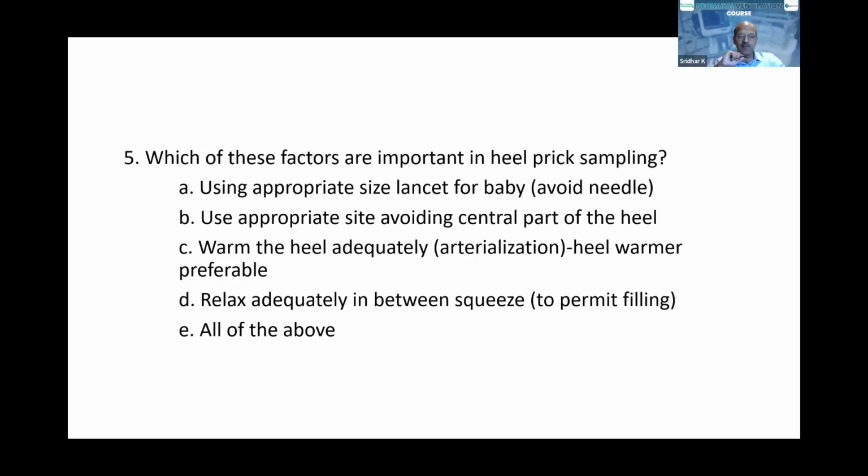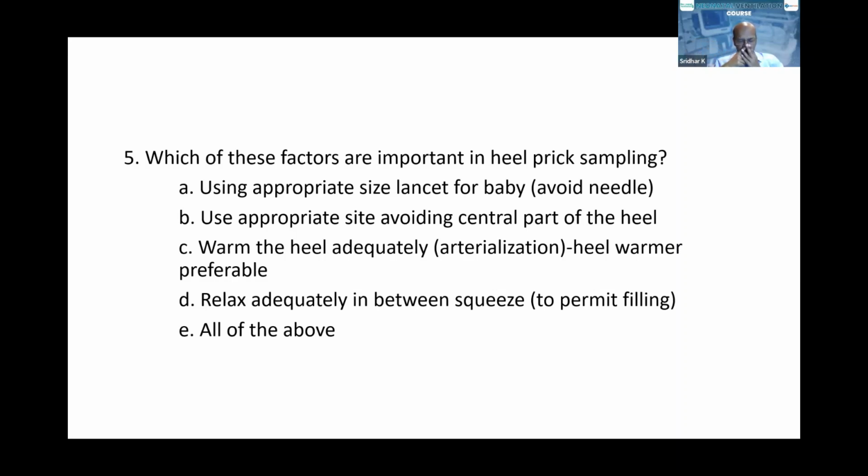I know they're a little more expensive, but there are limitations with the needle: the depth is not under control, it's according to the operator. You can easily reach the bone in small babies, which is dangerous. The lancets have a set width as well as depth, and because it's wider, the chances of getting a proper sample are better.